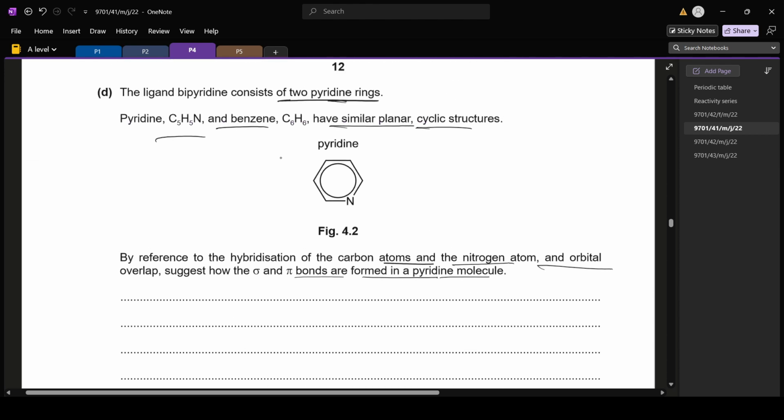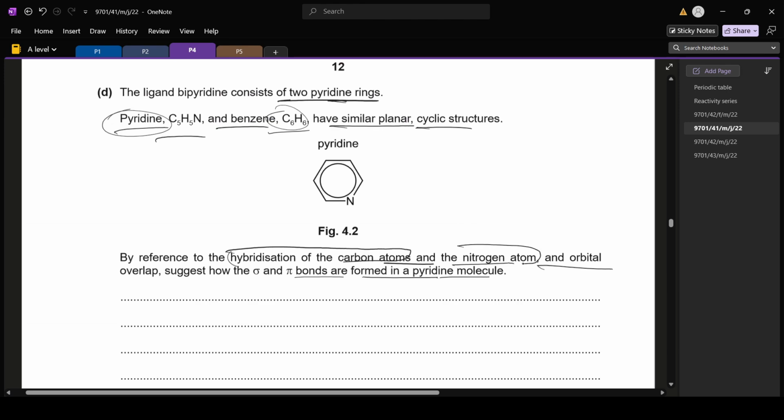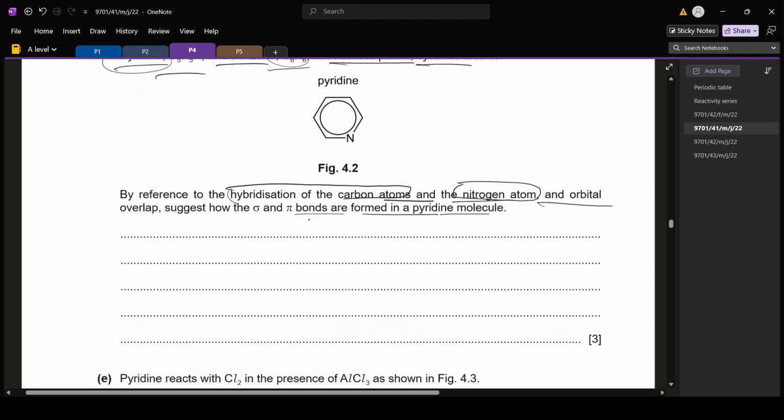Okay, so this structure of pyridine is similar to that of benzene, and in benzene each carbon has a hybridization of sp2. Okay, and nitrogen here will also have sp2 hybridization, because it forms three bonds.